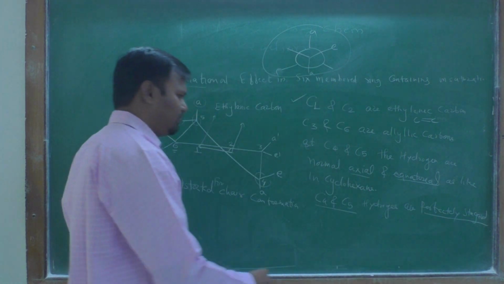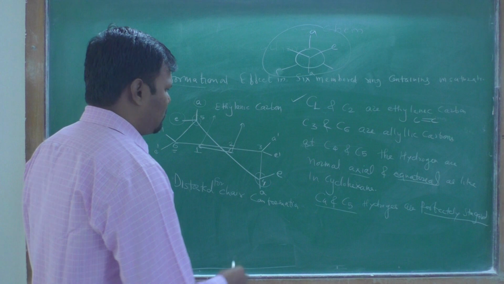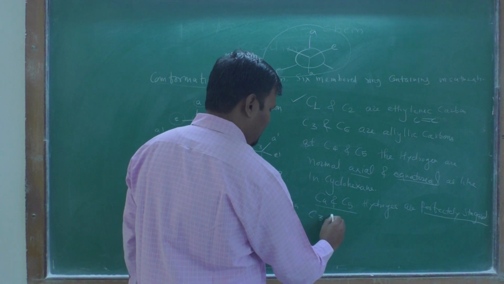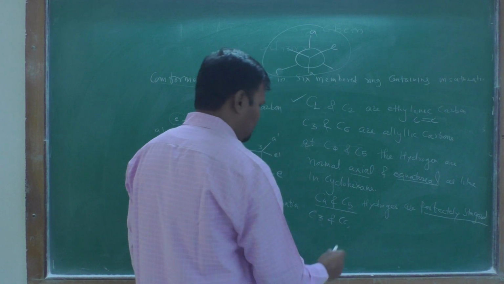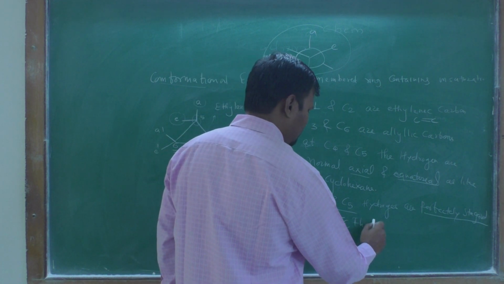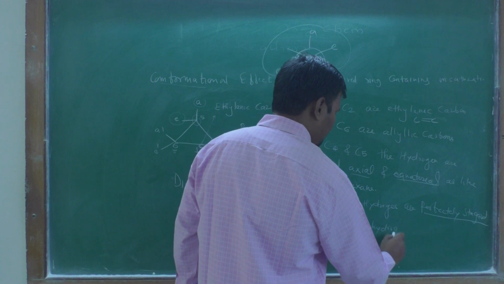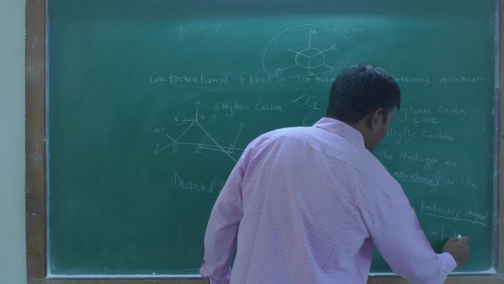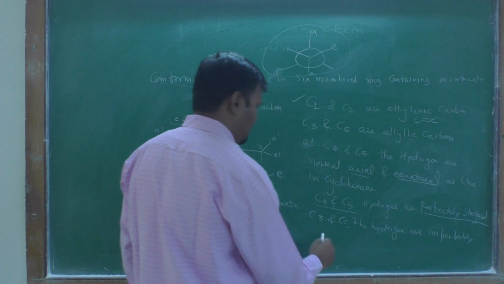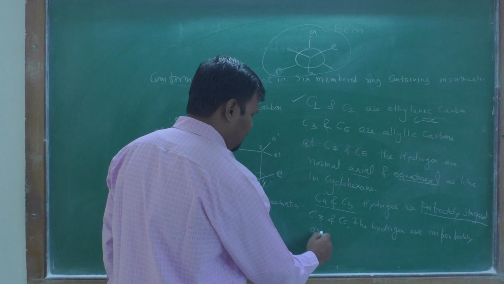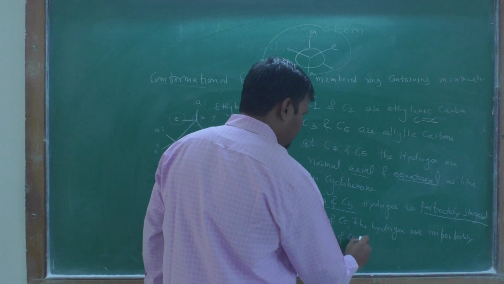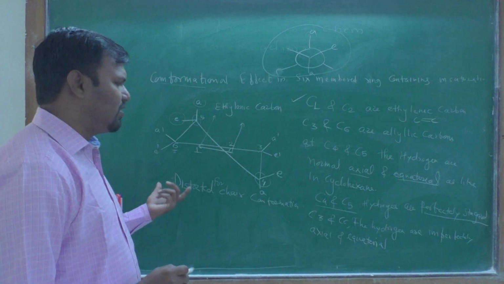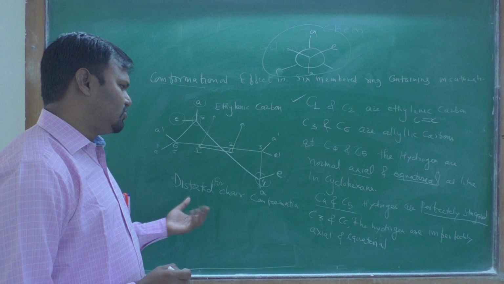Now carbon numbers 3 and 6: the hydrogens are imperfectly axial and equatorial, and they are not perfectly staggered to each other.